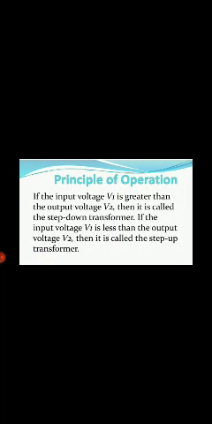If the input voltage V1 is greater than the output voltage V2, then it is called a step down transformer. If V1 is less than V2, then the transformer is called a step up transformer.